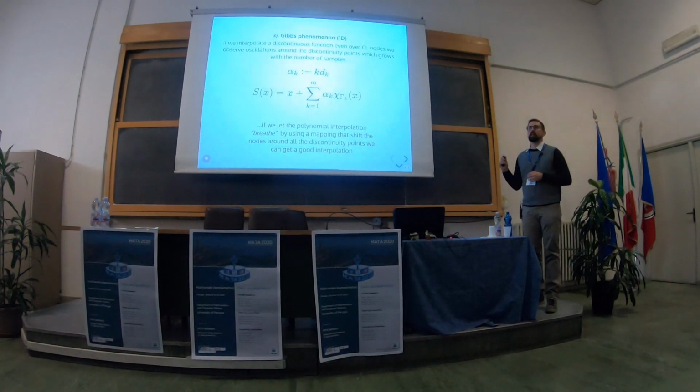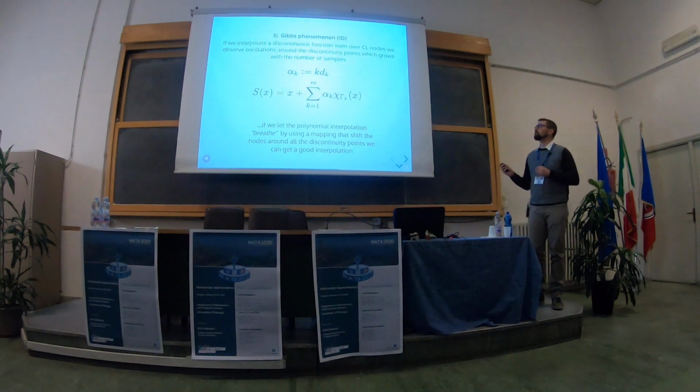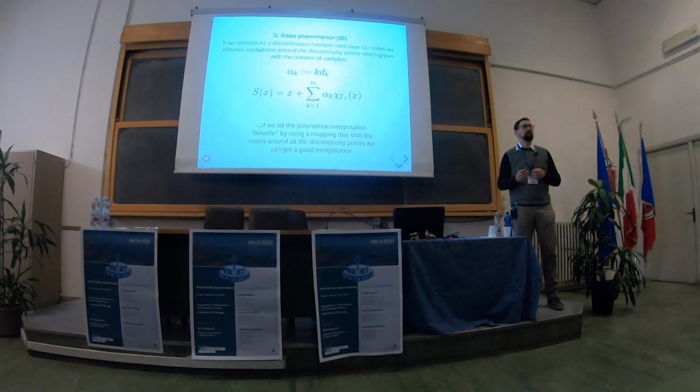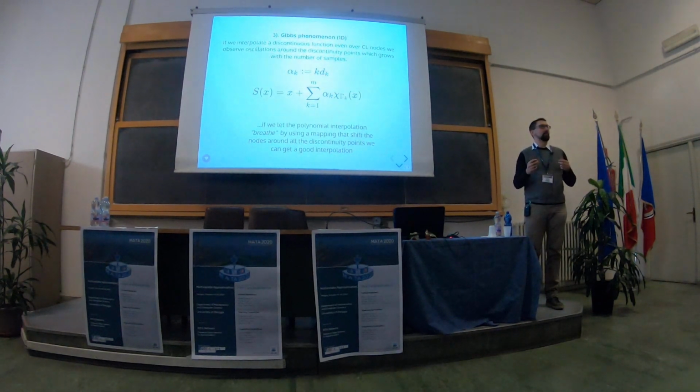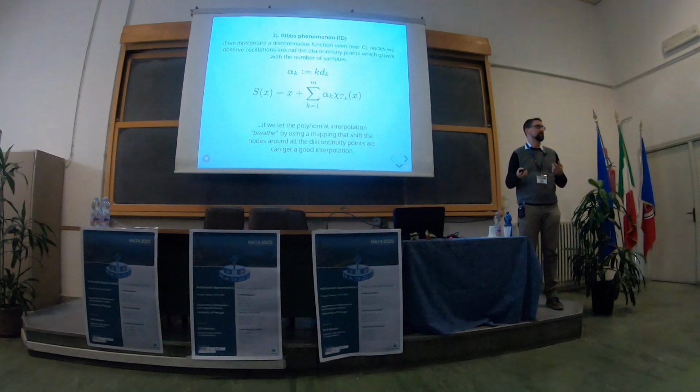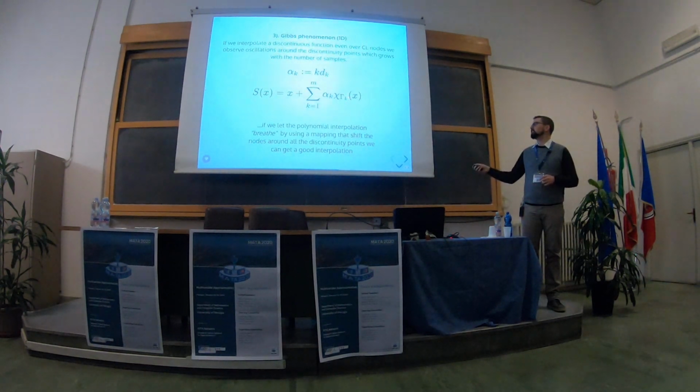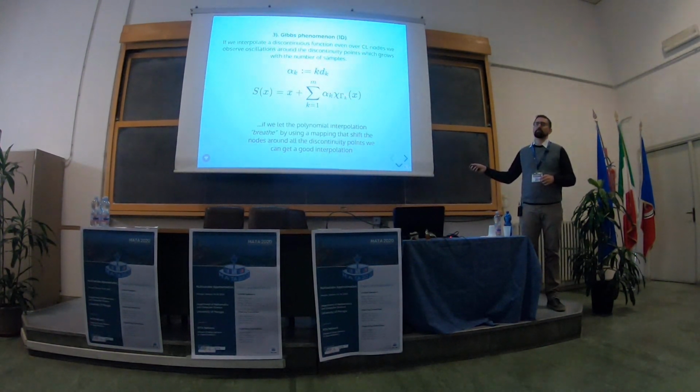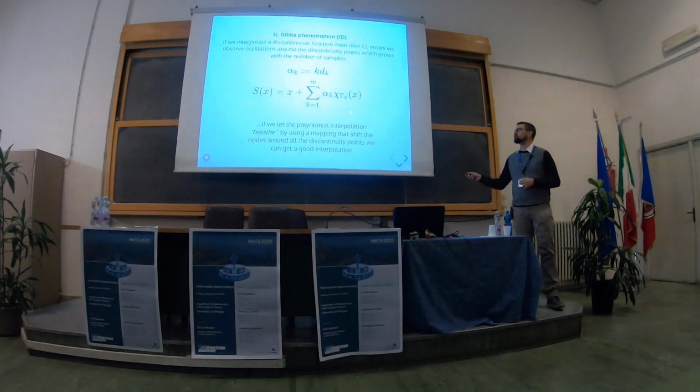Let's move to another application, another example called the Gibbs phenomenon. If we have a discontinuity in our data, we can observe some oscillation around the discontinuity points. So let us suppose that we know exactly where the discontinuities are, so we can divide the interval into some subintervals.